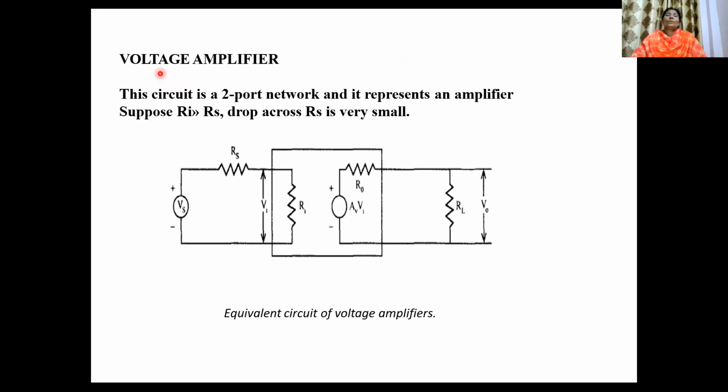Next, we go for the voltage amplifier, which we already discussed. The input is a voltage source and the output is also a voltage source. Av times Vi represents the output voltage source. The input voltage source is in series with a resistance at the input side, and on the output side Av times Vi is in series with R naught, and also in series with RL.